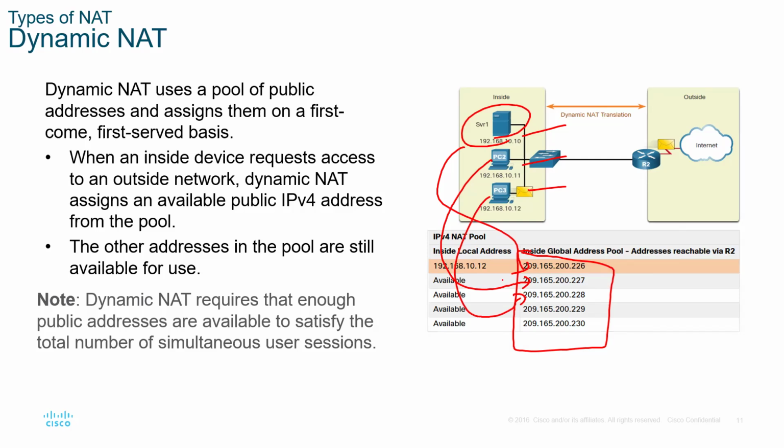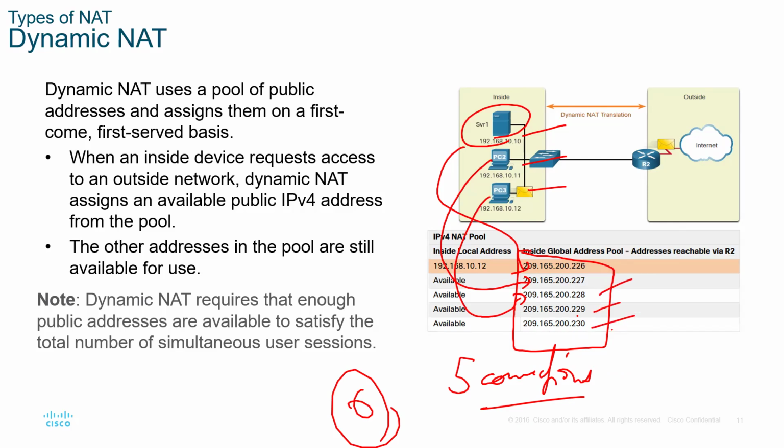You can see as well, if, for example, here we have a pool with 1, 2, 3, 4, 5 addresses. If we have a pool with 5 addresses, it basically means we can only have 5 connections at a time. If we have a sixth device trying to connect to the public internet, and all these sessions are still open, then this one will not be able to communicate because it will not be able to get a public IP address.